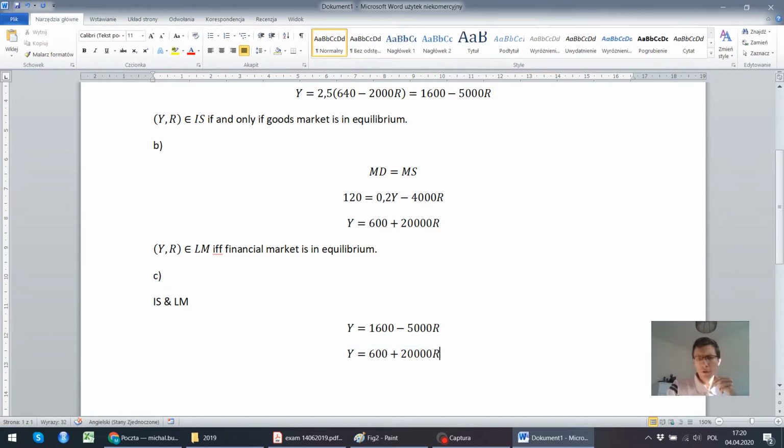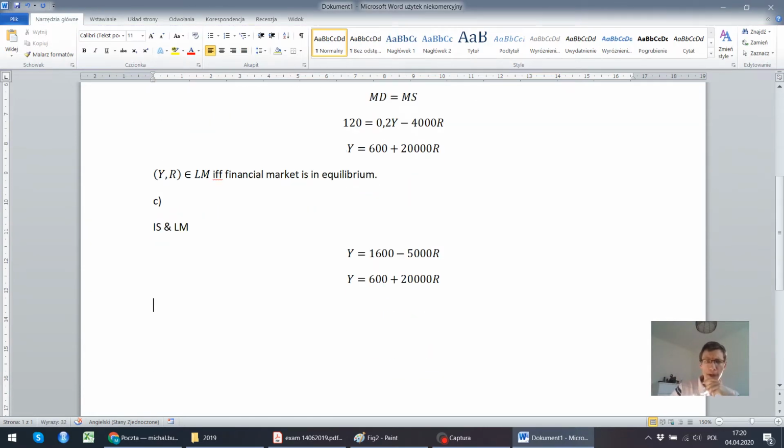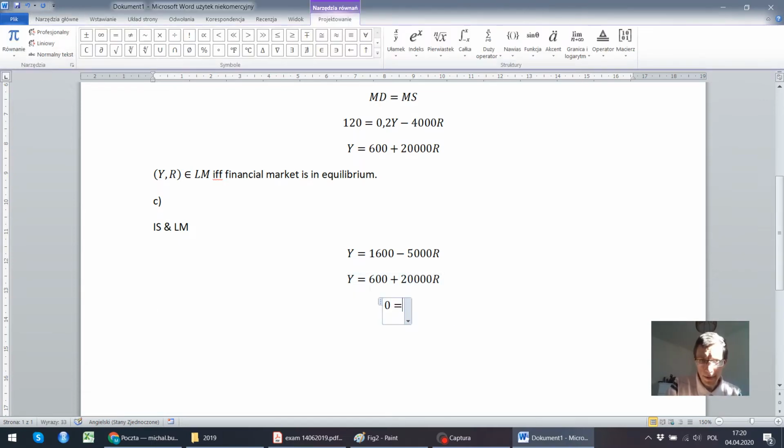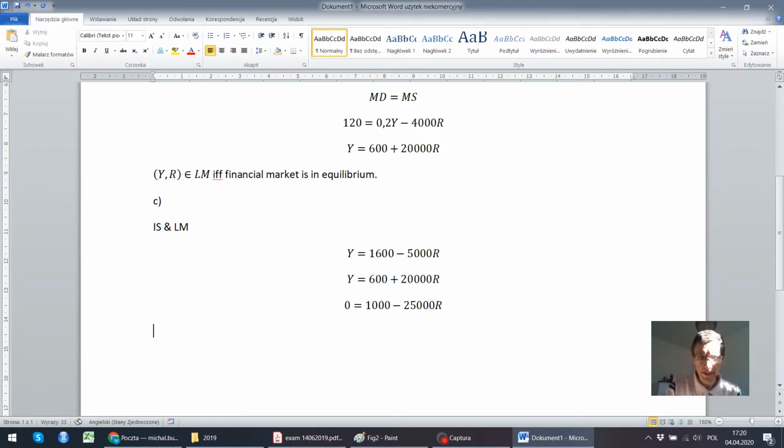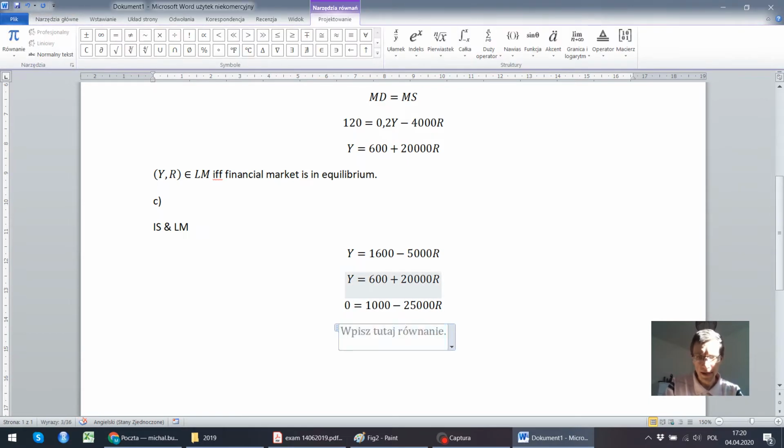And now we have to solve this system of two equations with two unknowns. Very simple. Let's say we can take the first equation and subtract the second one, so that we will get 0 is equal to 1000 minus 25,000 R. And this immediately gives us that R is equal to 1 over 25, which is 0.04.